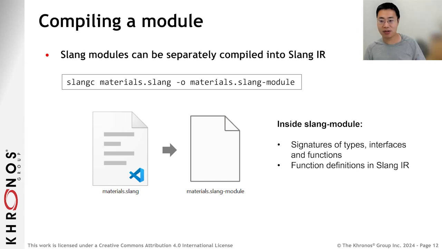This binary file contains two things: the AST nodes that define the signatures of the types and functions, and the function code represented in the Slang IR. Note that regardless of how many .slang files are used to define this materials module, the compiled module is always just one materials.slang-module file.